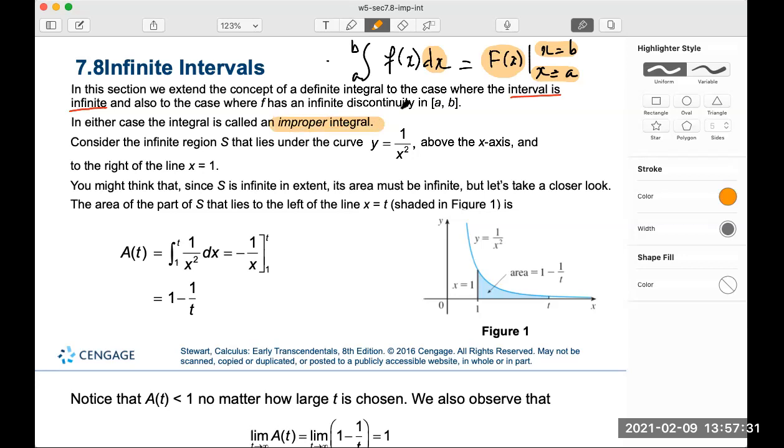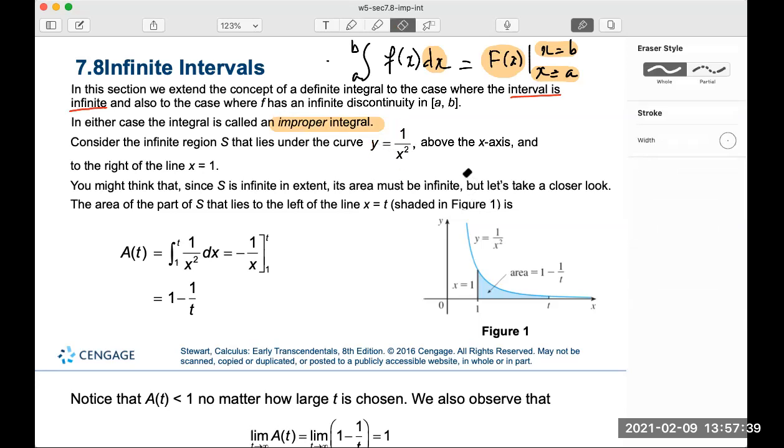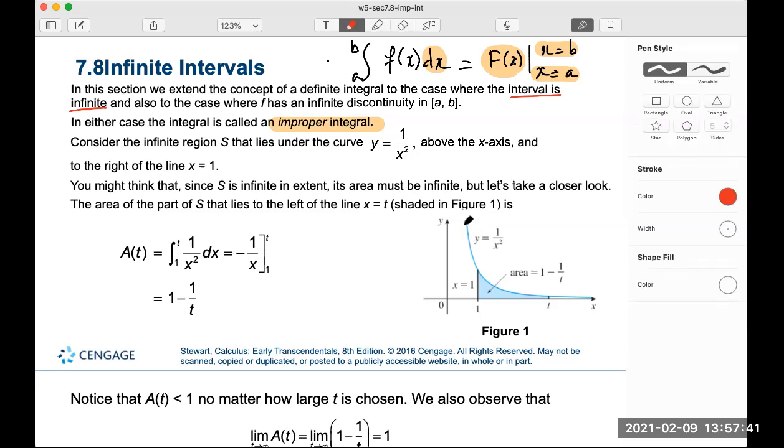So, for example, let us take a look at the function y is equal to 1 over x squared. The graph of this function is like this, right? And consider the region to the right of the line x is equal to 1.